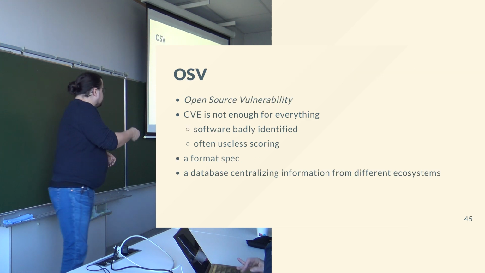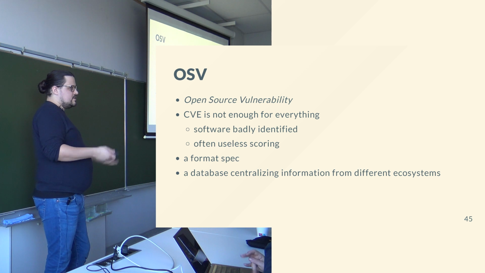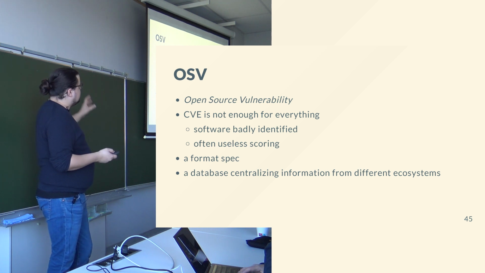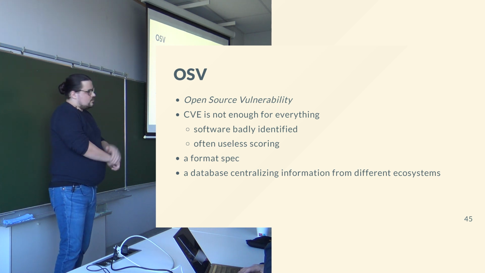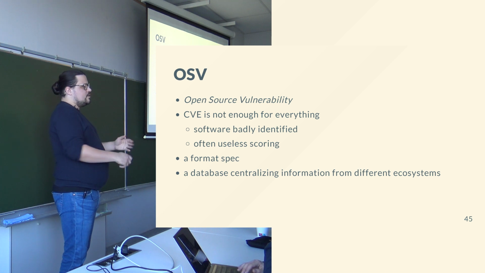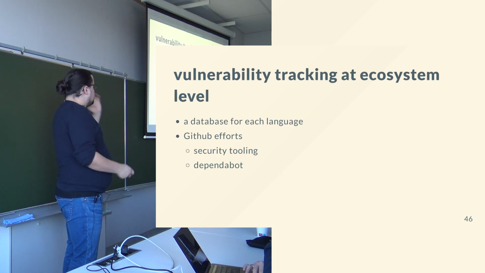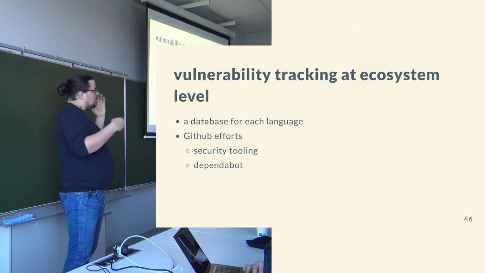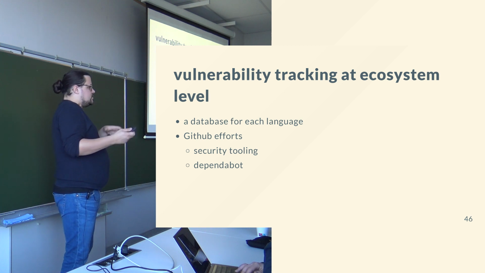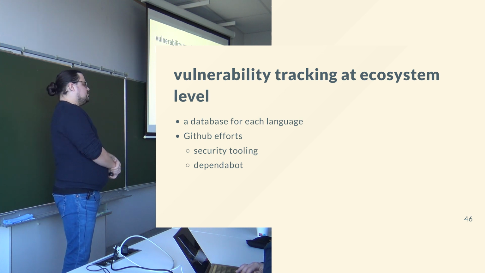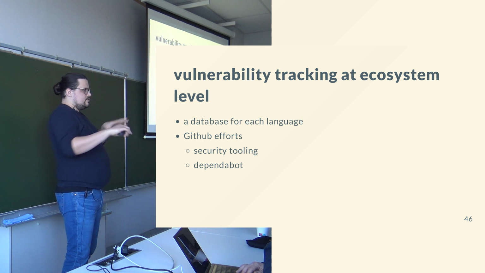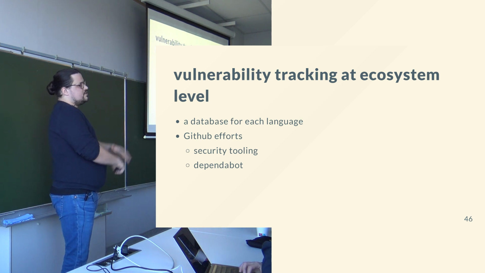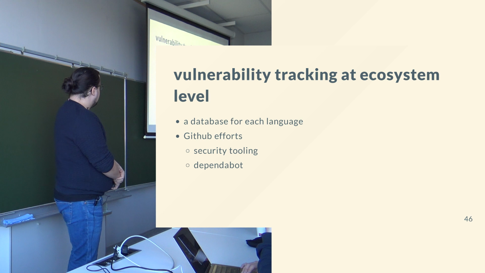So along with the format, there is also a common database hosted by Google that aggregates all the vulnerabilities in the OSV format, and that's really important because that allows auditing software to have a consistent view of the vulnerabilities across different ecosystems, and so you can have generic tooling around this.